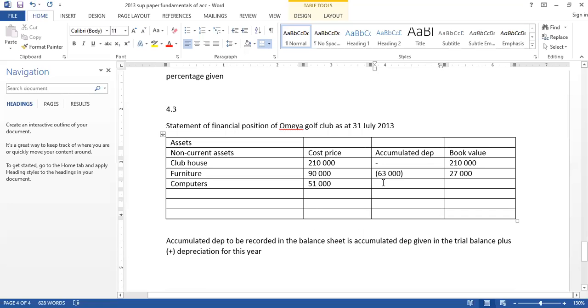So what will be our book value now? 51,000 minus 33,000, and then you get your book value of 18,000, meaning that if you are to sell your computers today, you can only sell them for 18,000. That is their current value because they are depreciated.